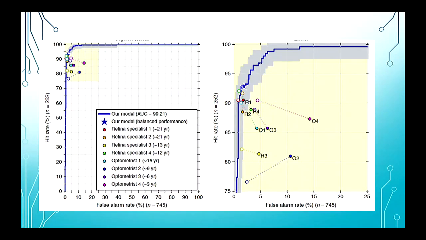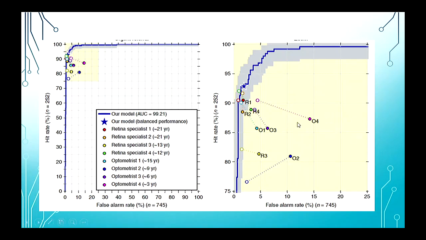The company, DeepMind, recruited, I think, 8 different people: 4 retinal specialists, so 4 ophthalmologists, and 4 optometrists. And the number on the side essentially shows the years of experience. And they ran the network against those 8 individuals.